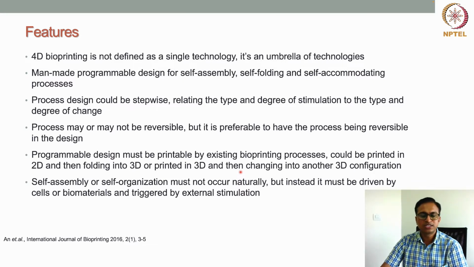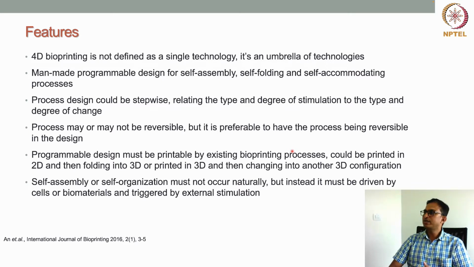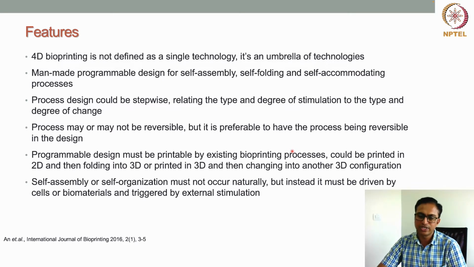So this is also a very important feature of 4D bioprinting, where a programmable design should be printable by an existing bioprinting process. Otherwise, if there is no bioprinting process to print that, how can I get these printed structures? And how can 4D bioprinting happen? So all these features are very important for 4D bioprinting technology.